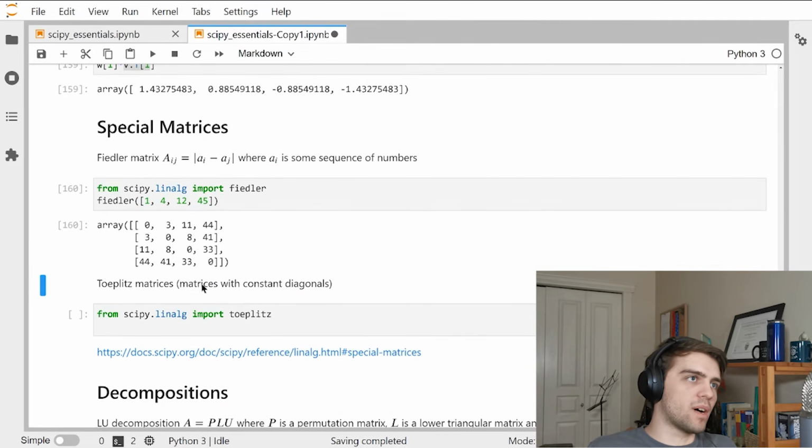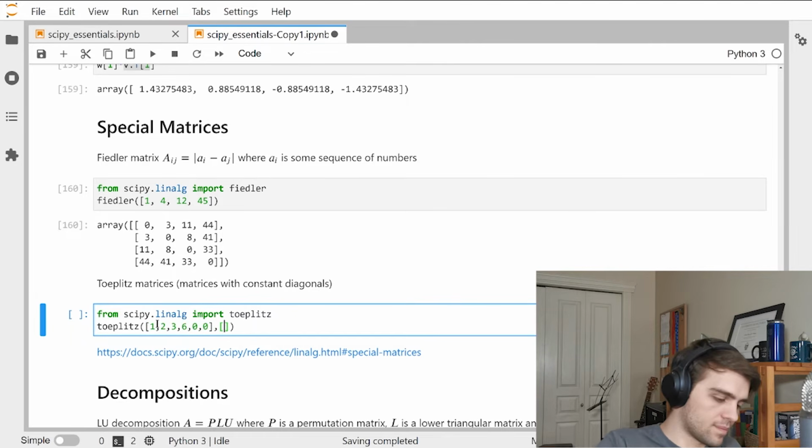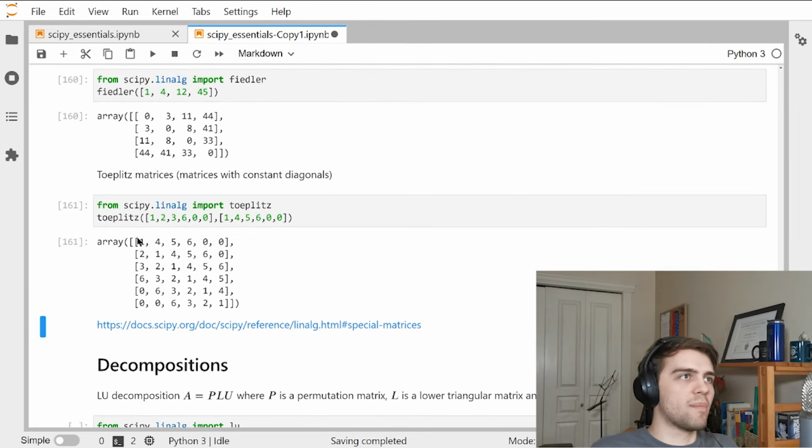Pretty simple. Also with Toeplitz matrices, these are the ones with the constant diagonals, remember? And like before, I only have to give it the first row and the first column, and it can construct the matrix, knowing all that information.